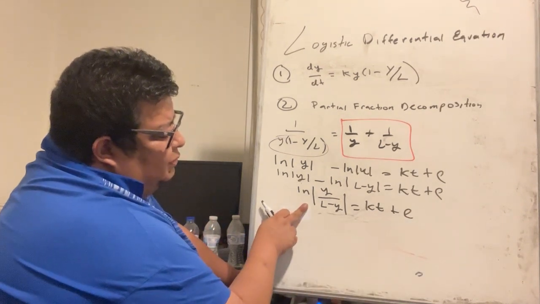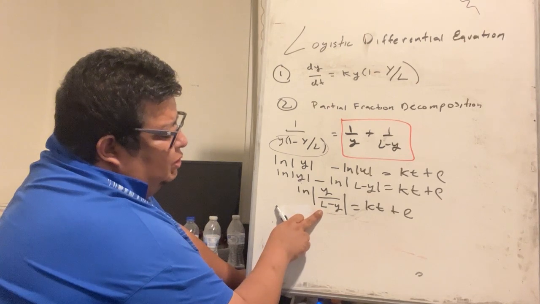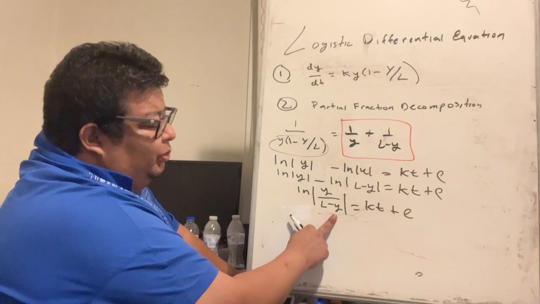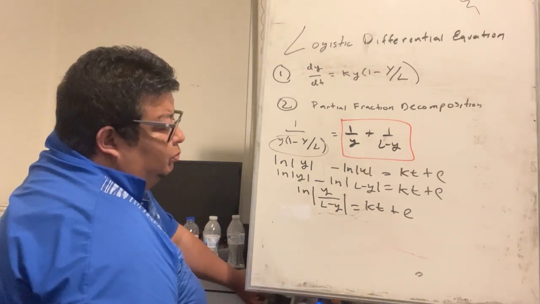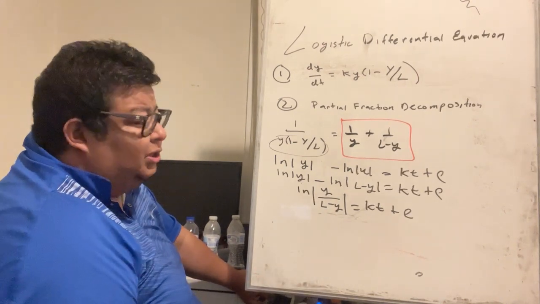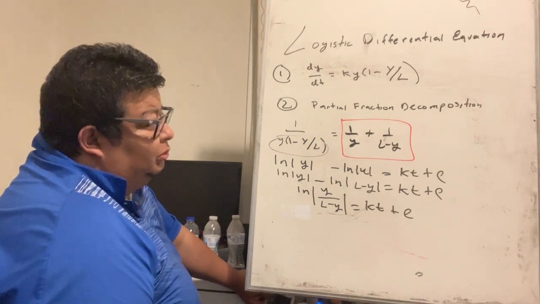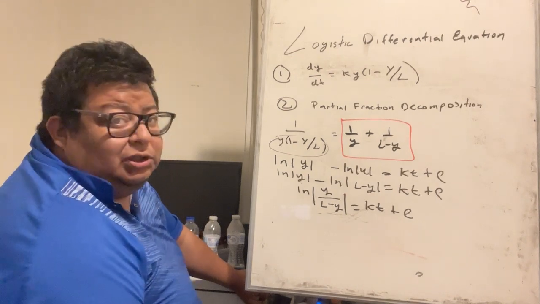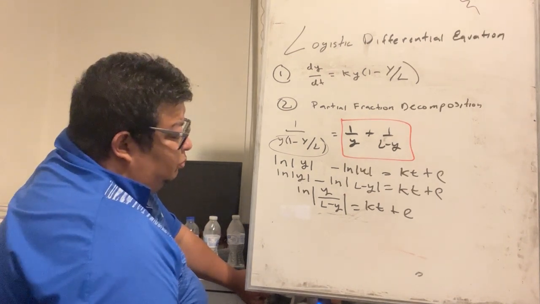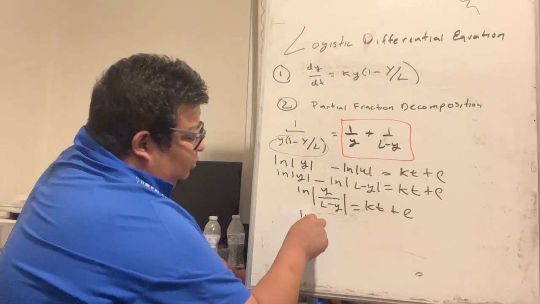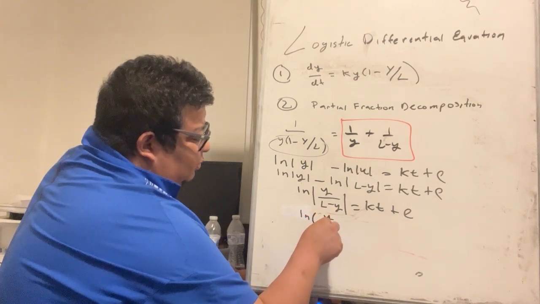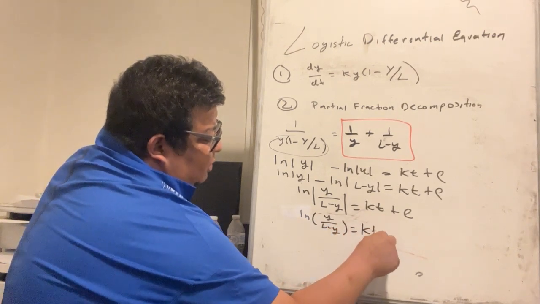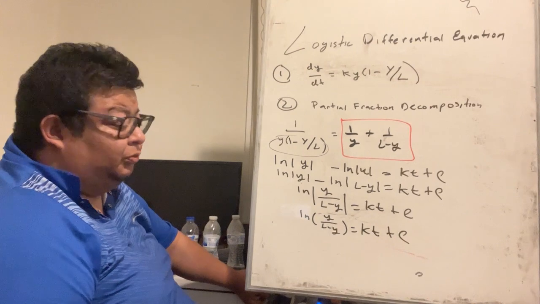Notice we can drop the absolute value because the carrying capacity is bigger than your y value, your output of the model. Carrying capacity means that you have a limit, an upper limit on the model. That means that ln of y divided by L minus y equals kt plus c.